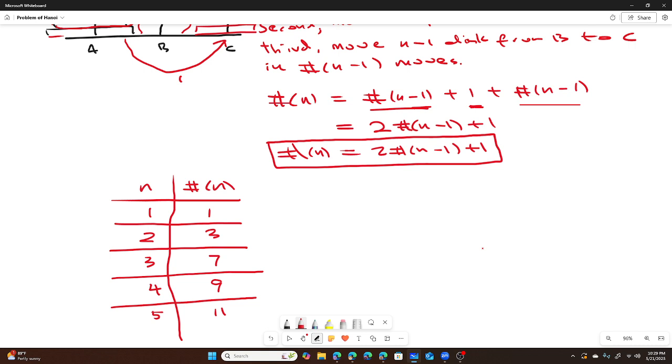So do we see a pattern? Is there a function where the input is n and the output is these values on the right side of the table? There is, and it's this function: 2 to the power of n minus 1.